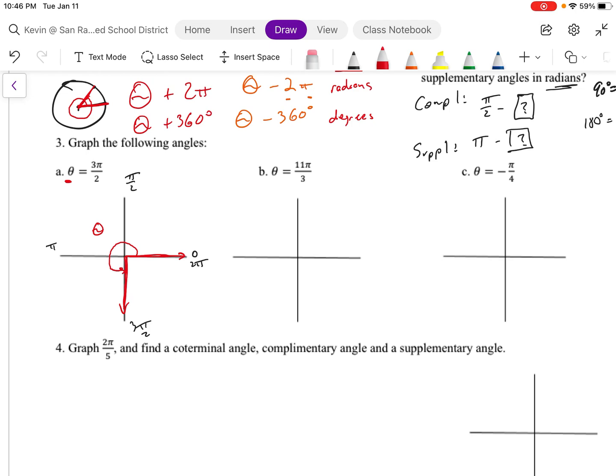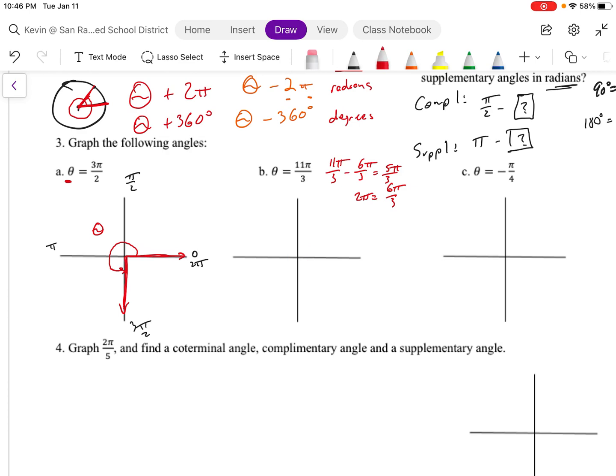Okay, 11 pi over 3. Well, if I go all the way around the circle, that's 2 pi, and if it's thirds, so think about this, 2 pi equals 6 pi over 3. So if I took 11 pi over 3 minus 6 pi over 3, that gives me 5 pi over 3.